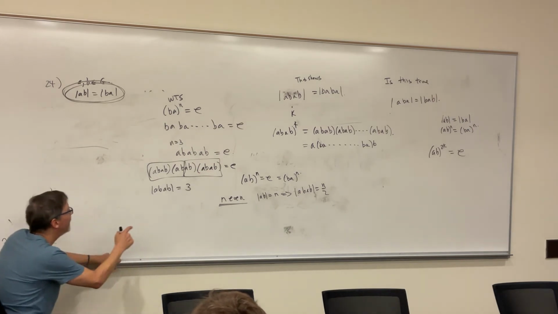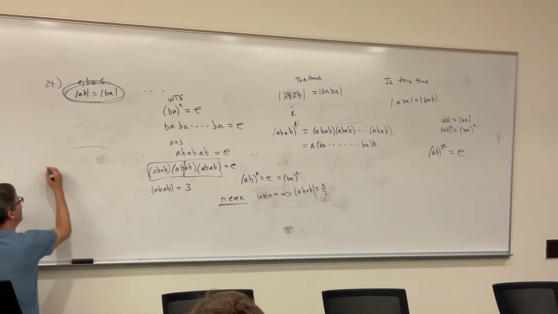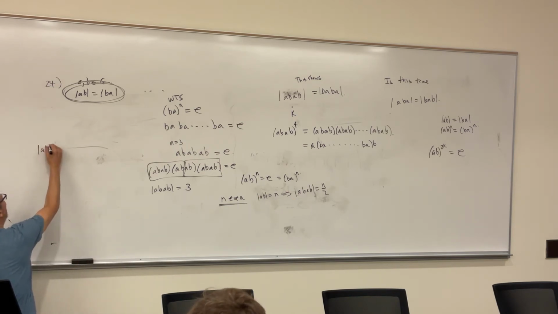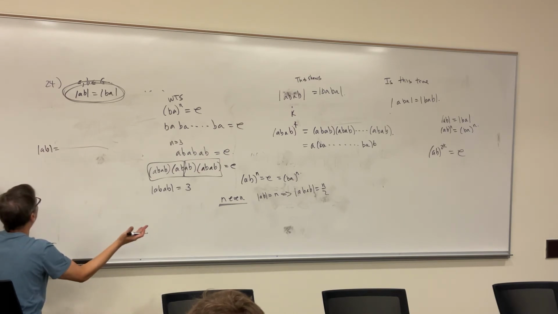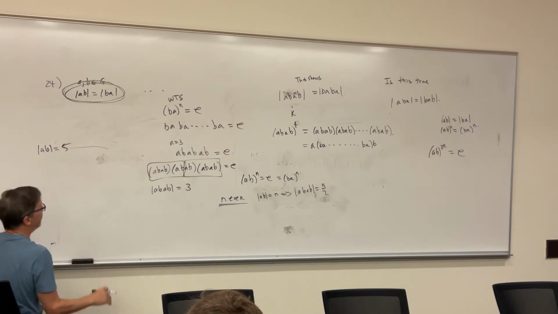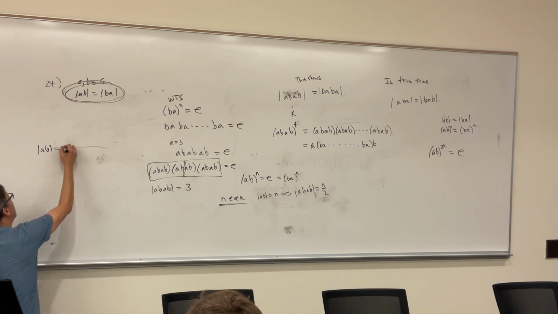Let's try this again. Let's say that the order of AB is, let's pick something, well, when it's even, it's easy. 5, what the hell? Let's go to something with multiples, like 15.